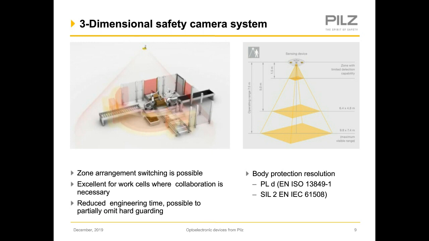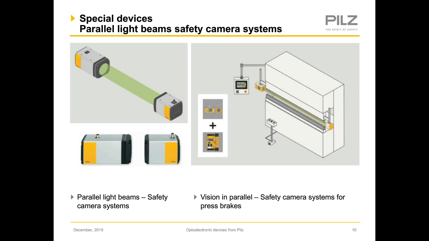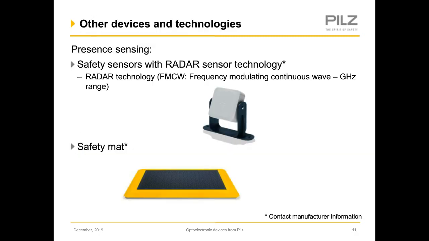Now here are some special devices: parallel light beams, safety camera systems. So this is a vision system in parallel, a safety camera system for press brakes. And some other technology for presence sensing.